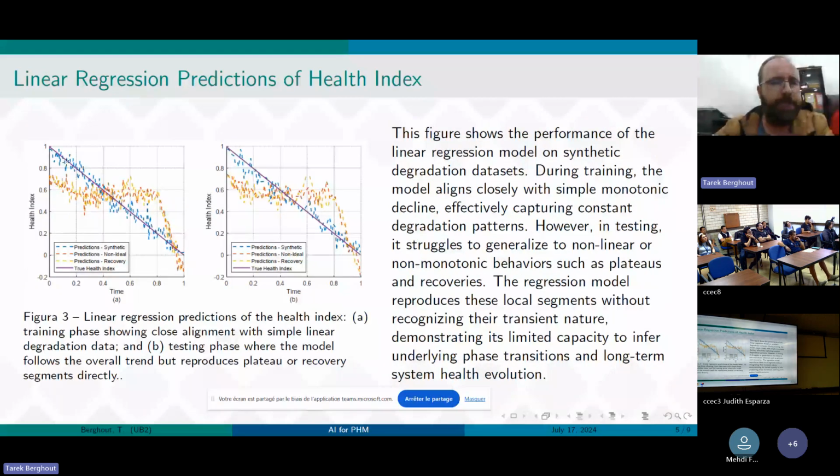In the linear degradation process, the linear regression model works perfectly. In the other cases of recovery, we see that the linear model imitates the same path of those two cases. The same conclusion applies to the deep learning model, but visually we can't see the difference.